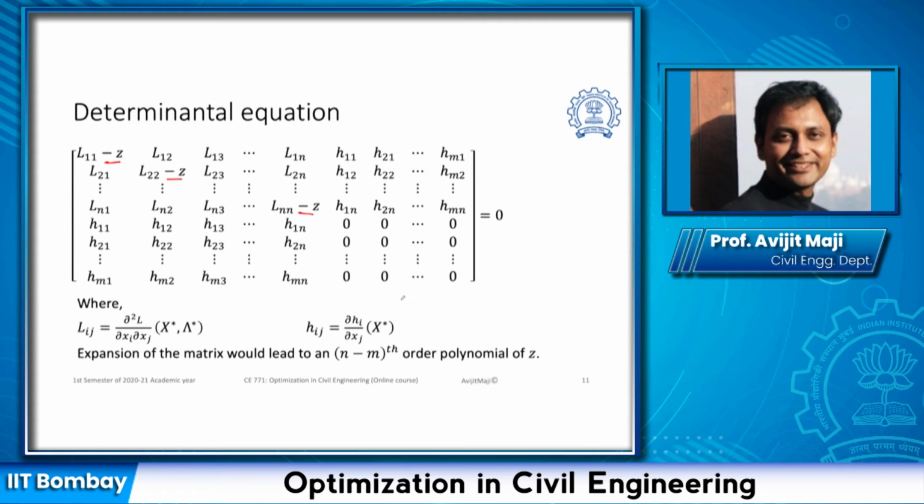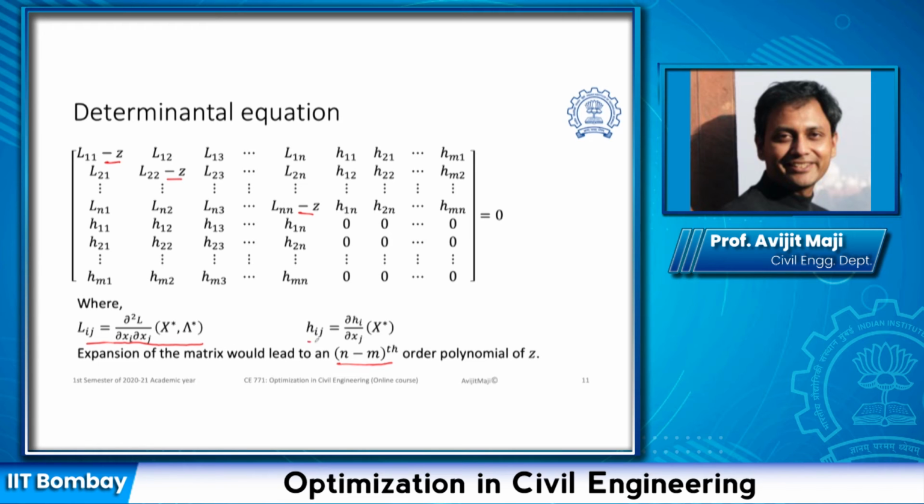In this case, you will find that z is going to be an (n minus m)th order polynomial, and any Lij can be represented as the second order derivative at the optimum x star and lambda star.